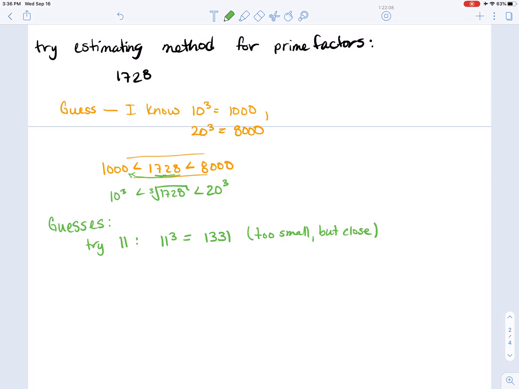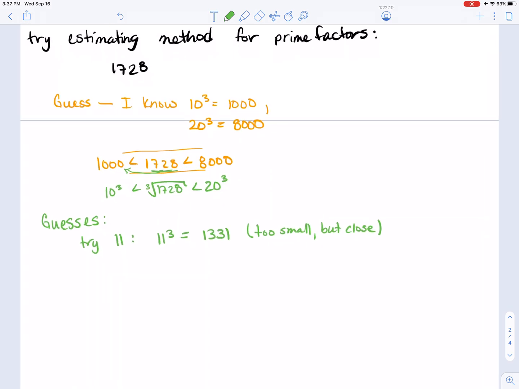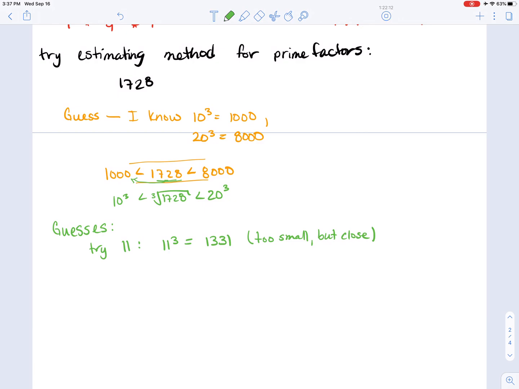I got somewhat lucky on my first try because 11 cubed is pretty close to 1728. So my second try, I'm going to try 12. And 12 cubed gives me 1728. This is correct. So, woohoo, winner, winner, chicken dinner. 12 cubed is the correct answer.